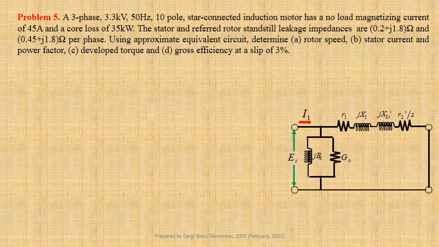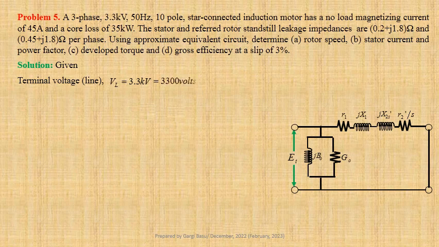Let us first write down the given data. Line to line terminal voltage VL equals 3.3 kilovolt, that is equal to 3300 volts.